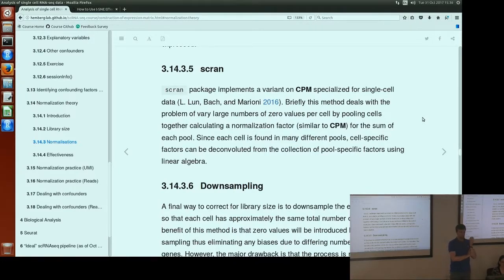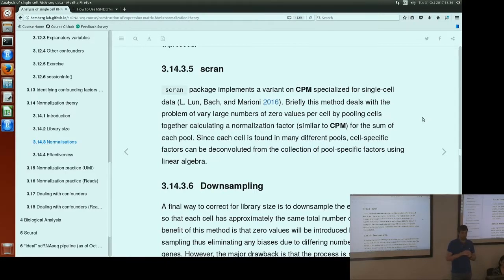This really just applies the same idea that we want to define a size factor per cell, which we can divide our expression matrix by to get more comparable values between cells, but uses an algorithm to define these size factors that's more appropriate for single cell data and the particular attributes that single cell data has. And so that's what Aaron Lun with Karsten Bach and John Marioni did last year.